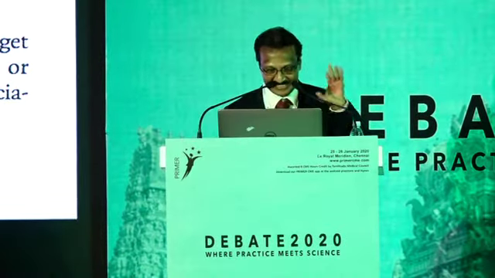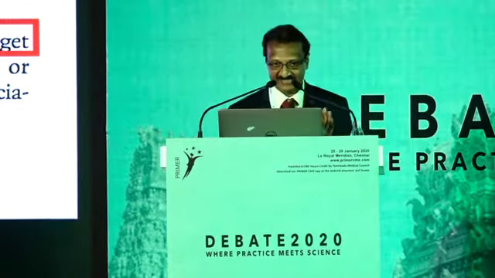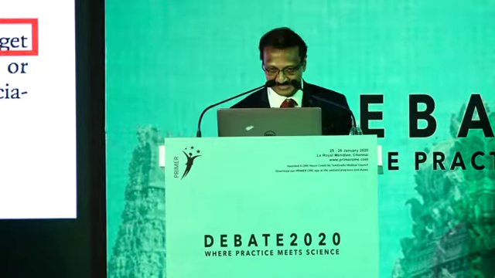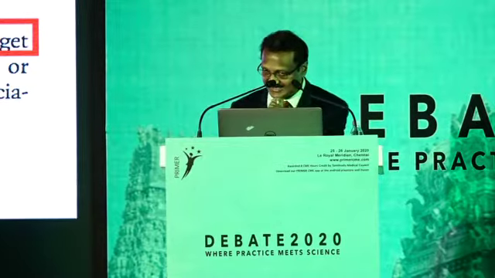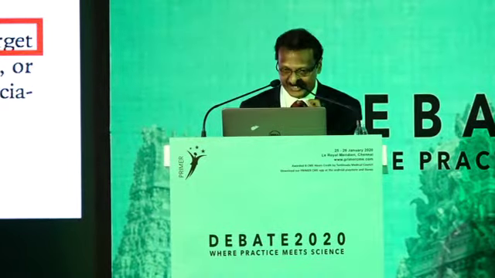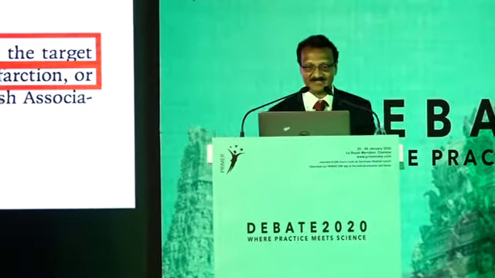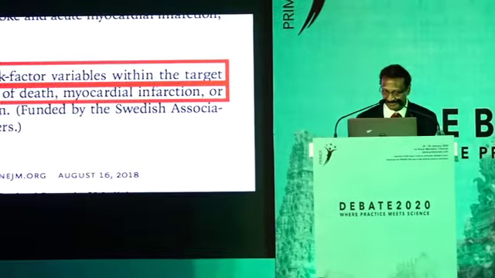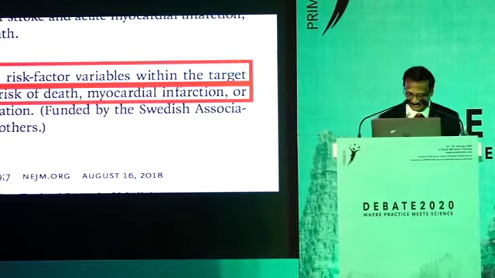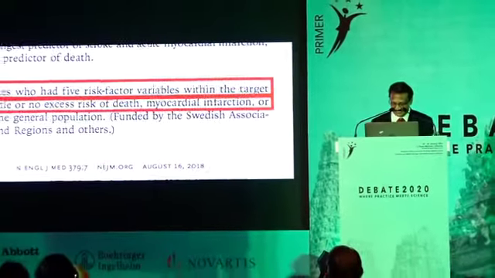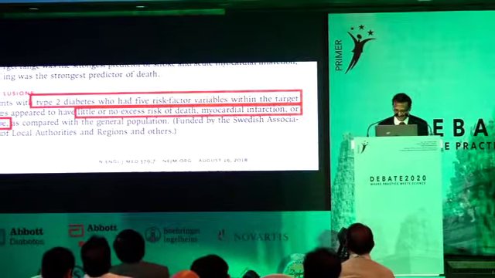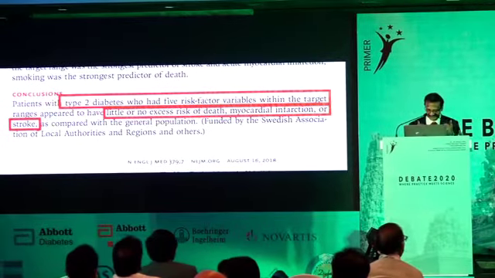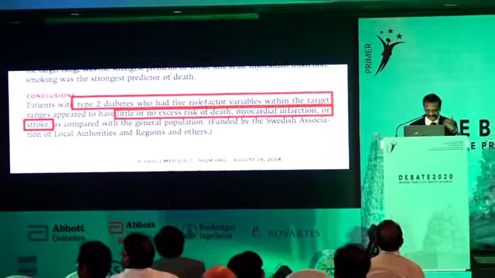So the conclusion, the article said that type 2 diabetics who have 5 risk factor variables within the target range, well controlled, there appears to be little or no excess risk of death, MI or stroke. So if you control those 5, A1C, blood pressure, lipids, microalbumin, smoking, the risk of cardiovascular event rates is extremely low.